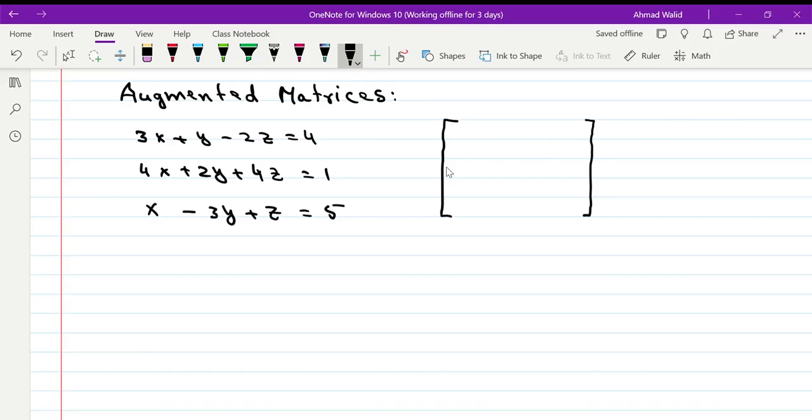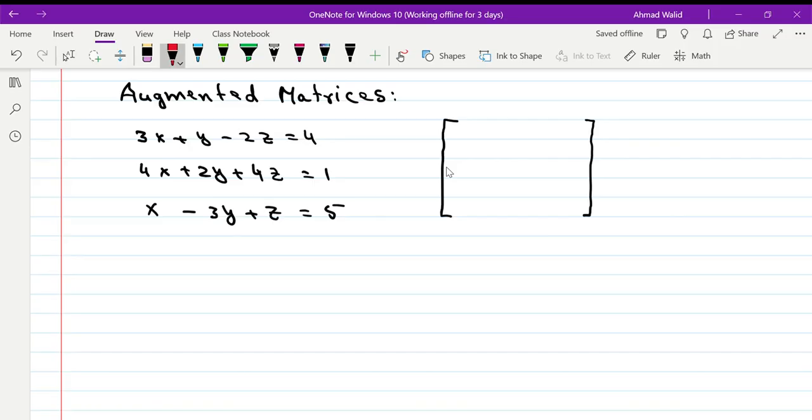But if I place the coefficients of my variables plus the constants of this system in this matrix, I call such a matrix an augmented matrix, correct? How to write a matrix when you see the system, because in this chapter we are using matrices to solve systems of linear equations in 2 variables, 3 variables, 4 variables. I don't care how many variables they give me, as long as I know how to use matrices, I can solve all of them, correct?